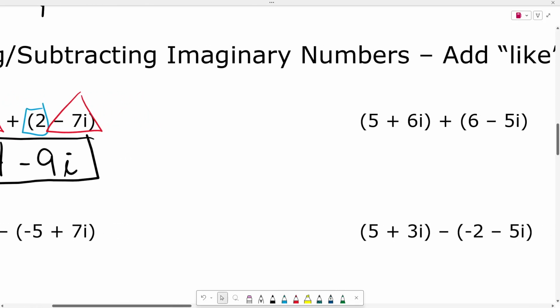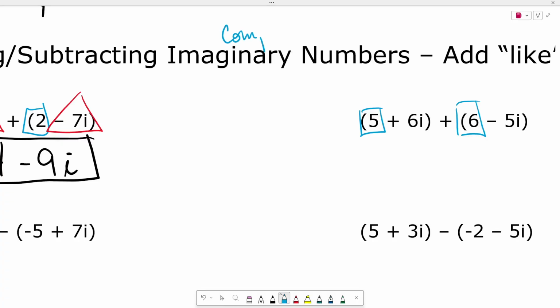Looking at this example, I collect up the real portion of my number. Numbers like these are what we call complex numbers, because they have a real portion and an imaginary portion. Our complex numbers have a real portion a plus some imaginary portion such as bi.